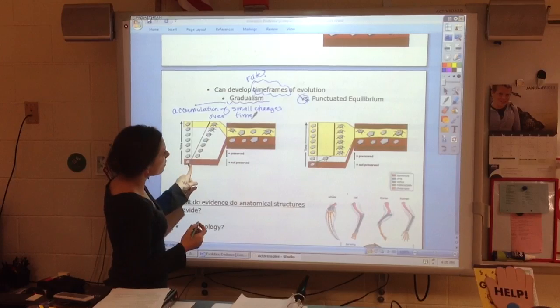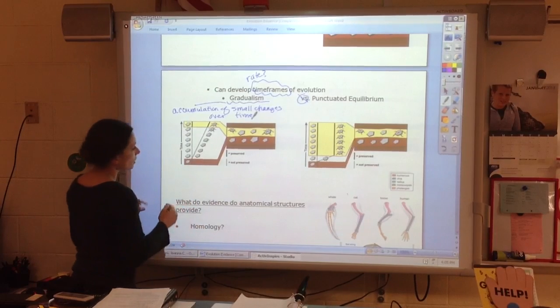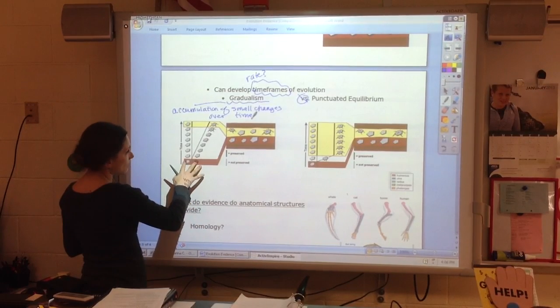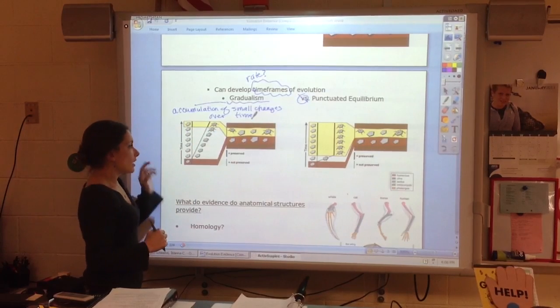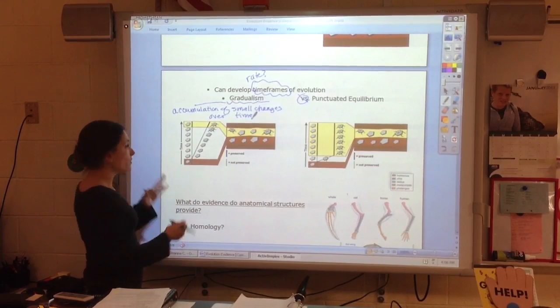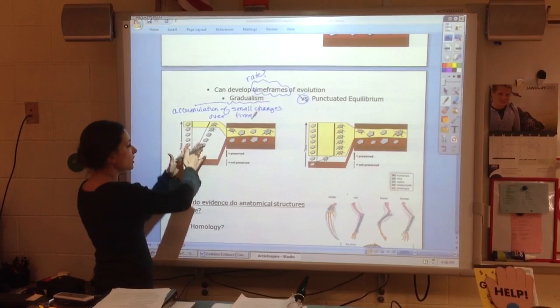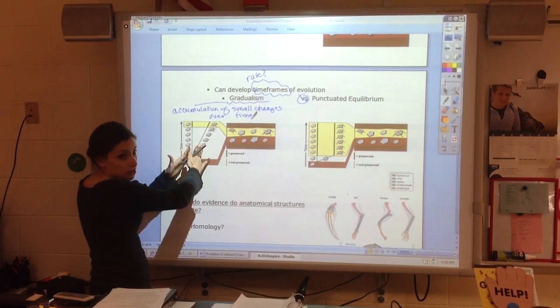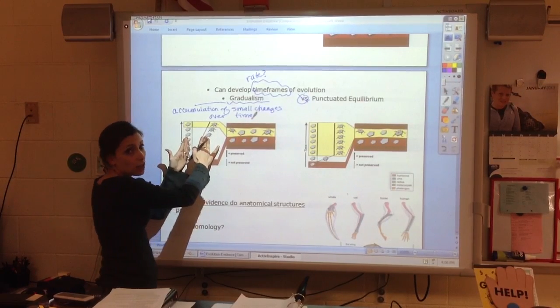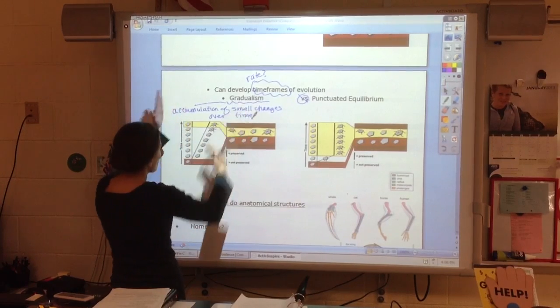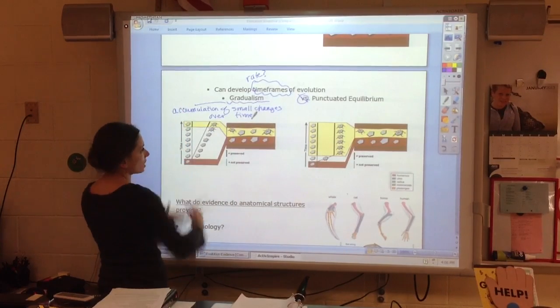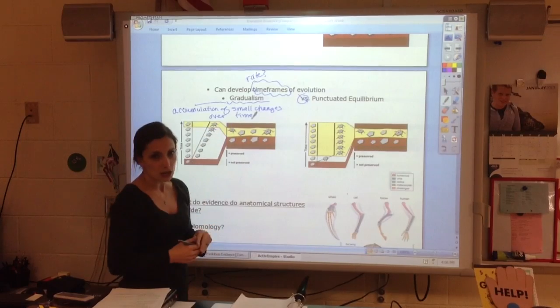The idea that you can see here in this picture is that over time we would see gradual changes. You can imagine, well, there's one mutation, and then there's another mutation, and then 1,000 years later there's another mutation, and 1,000 generations later there's another mutation, and eventually some stayed the same and some changed, and that's how we have this change.